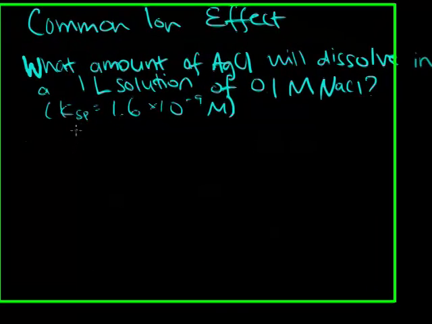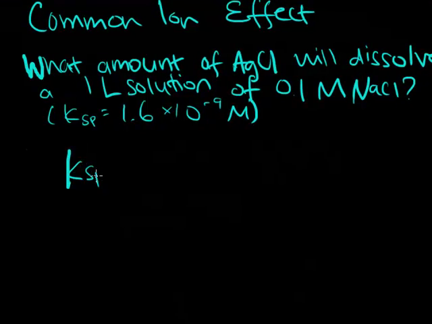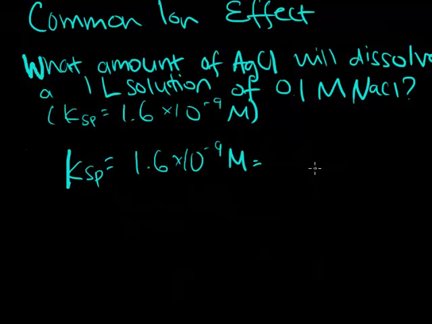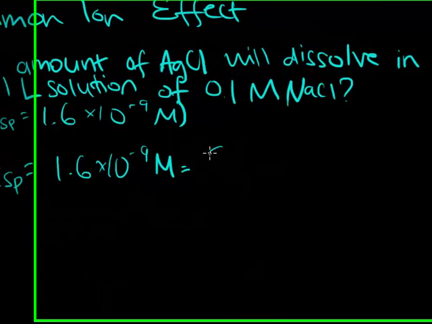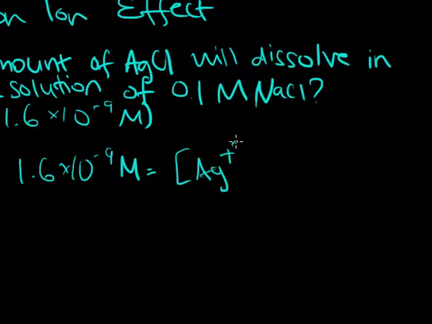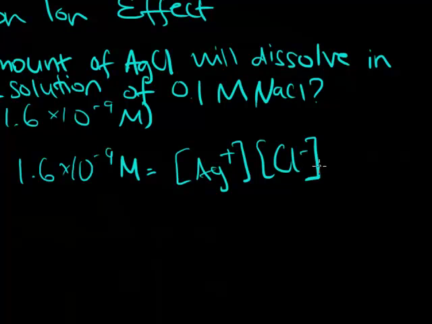Now we are going to solve for Ksp. The Ksp of silver chloride is 1.6 times 10 to the negative 9. And you can set that equal to Ag plus times Cl minus because that is what AgCl dissociates to.